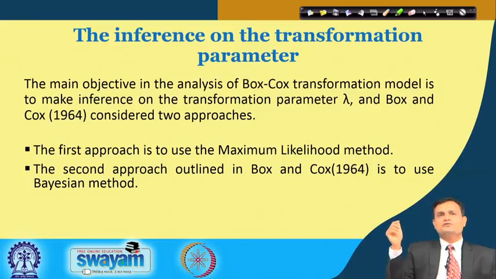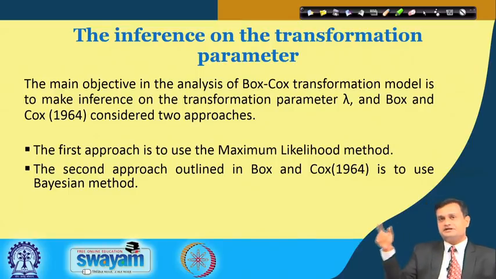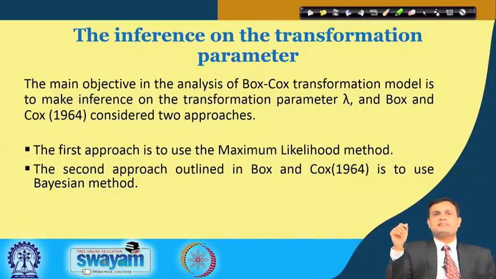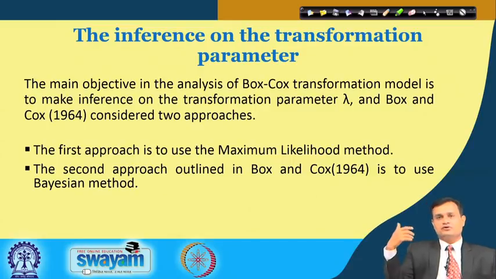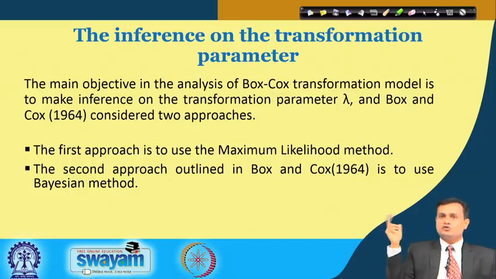So, you have a certain inference on the transformation parameter. The main objective of the Box-Cox transformation model is to make inference on the transformation parameter, the critical parameter lambda, and Box-Cox proposed this particular method in 1964. He advocated two approaches.